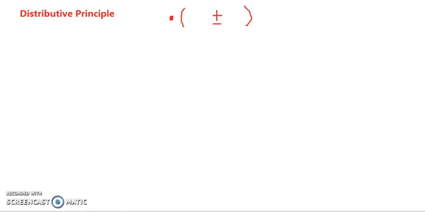As we discussed in the previous video, we must have two operations. One is a multiplication. The other is plus or minus inside the parentheses in order to use the distributive principle.